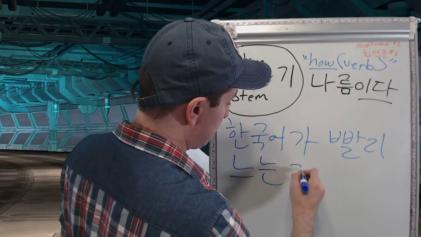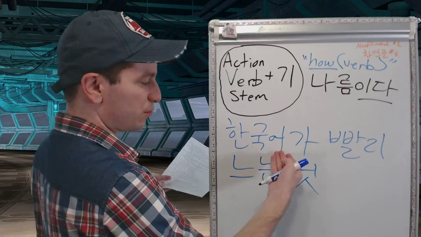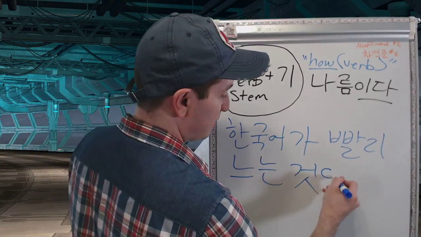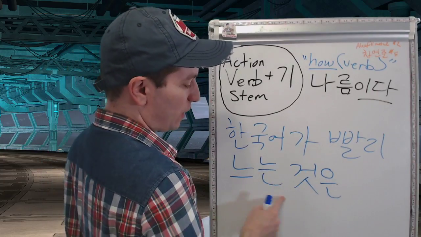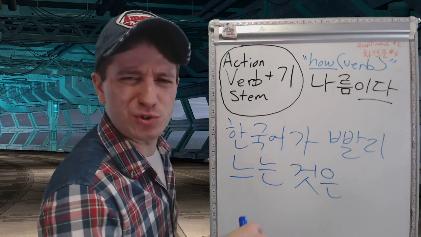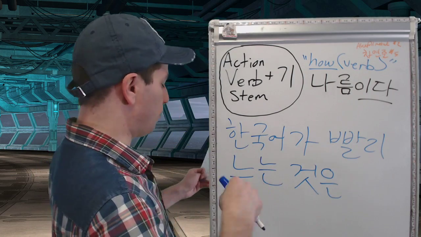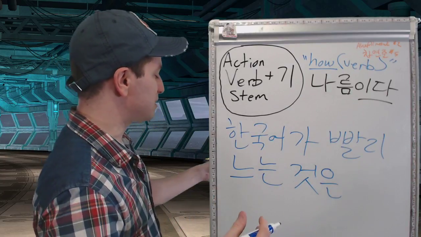So it's going to be 느는 것. So Korean improving quickly. As for 것은, so as for when it comes to your Korean improving very quickly, well, what you need is this. You should do this. So what we're going to say is it all depends on how you study.